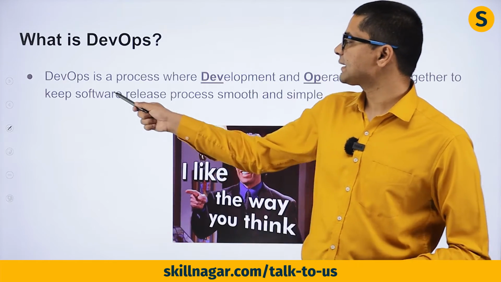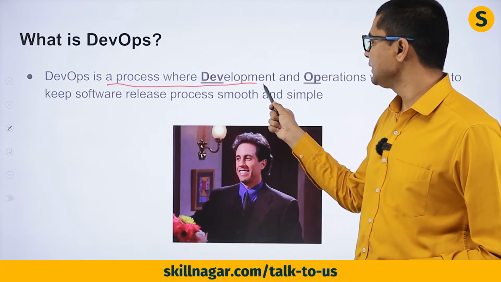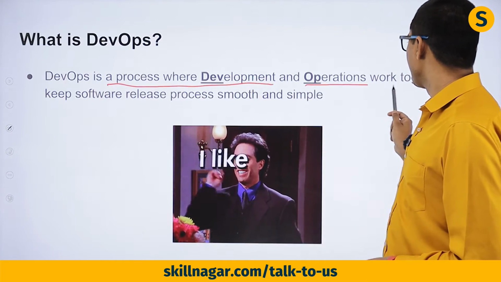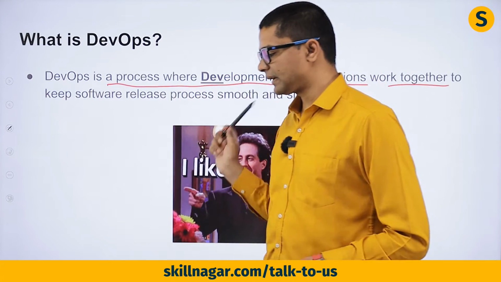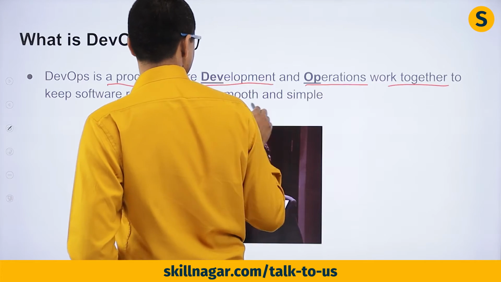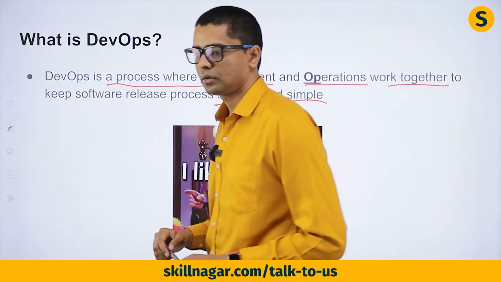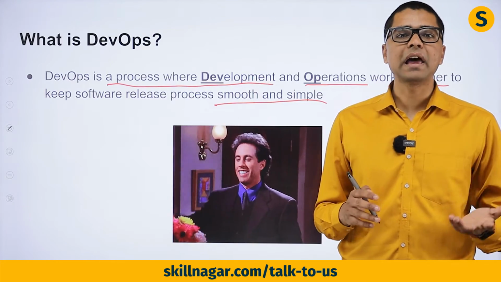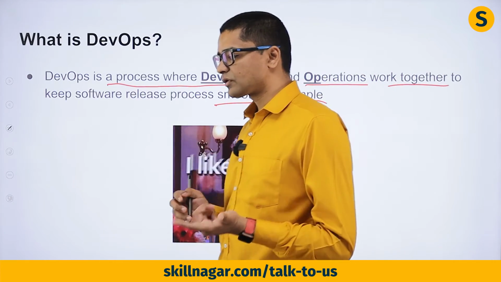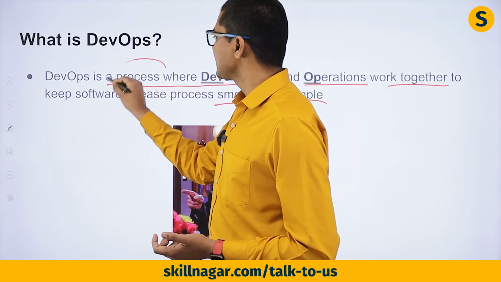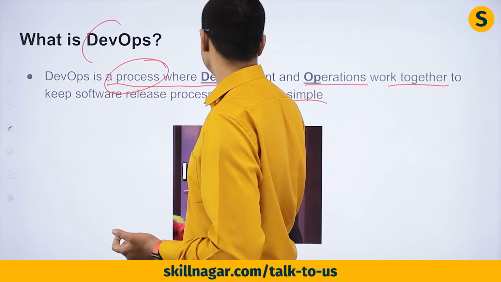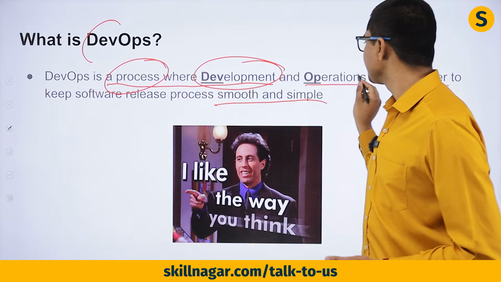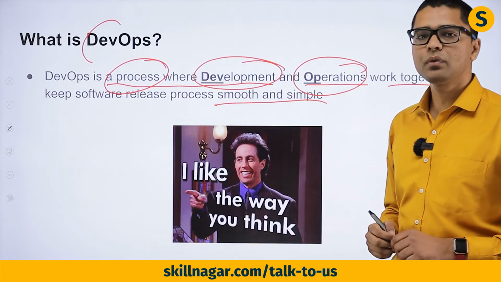So DevOps is a process where development and operations work together to keep your software release process smooth and simple. DevOps is not a tool. DevOps is not a language. DevOps is not a software. It is a process where the development team and the operations team are going to work together.